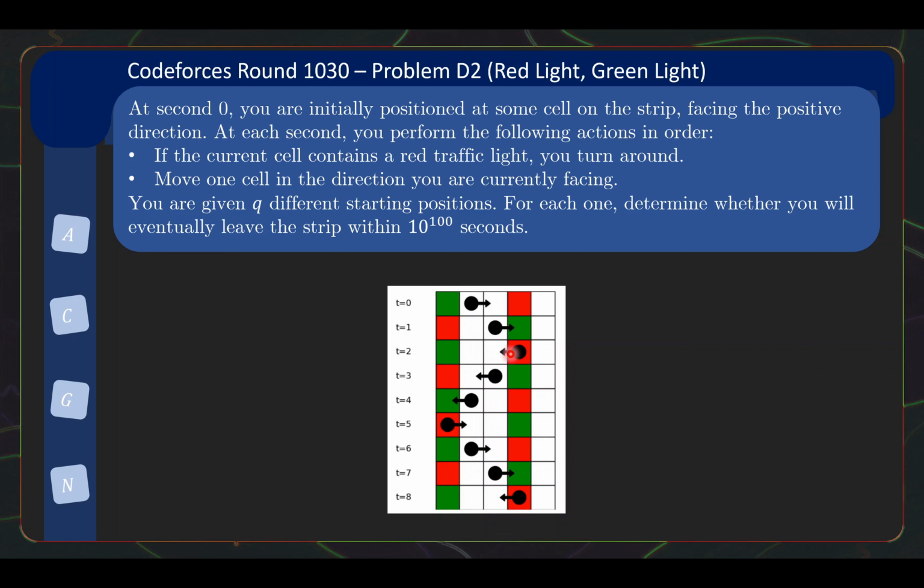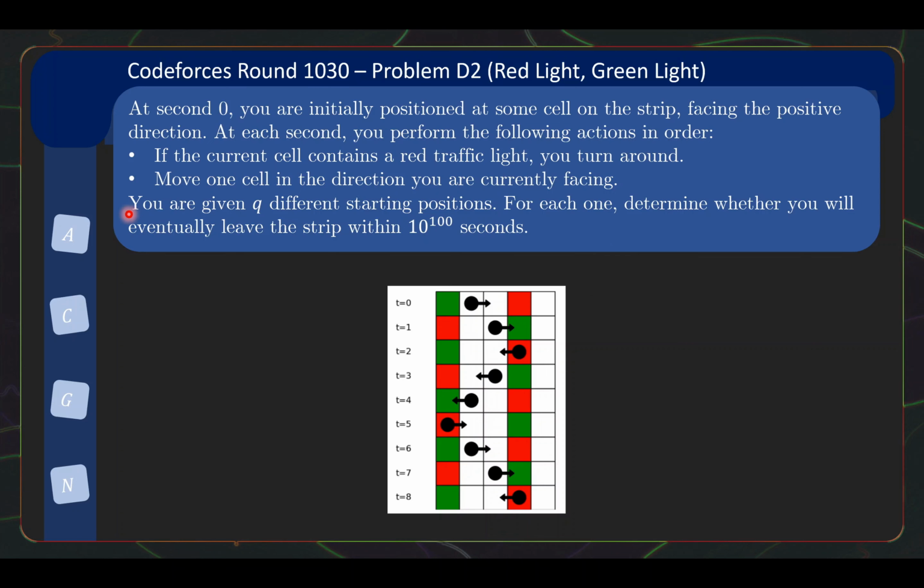The fact that you bounce at a certain point in the period tells you that this behavior is going to repeat. This exact behavior here is going to repeat itself again when you hit this traffic light again from this direction. So then you just keep doing this over and over again, and you never escape.